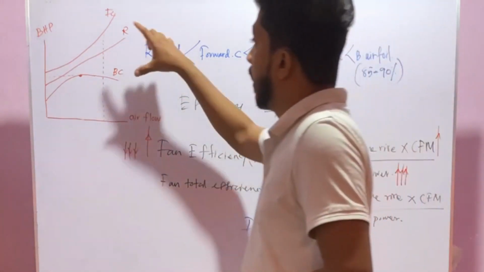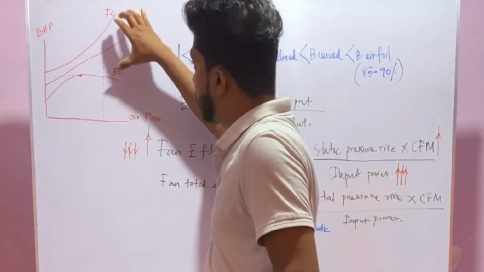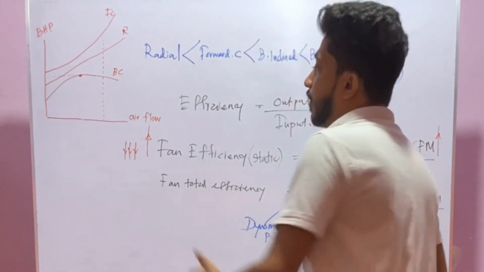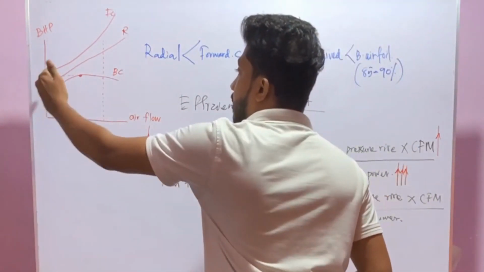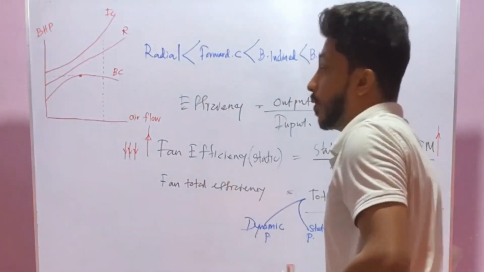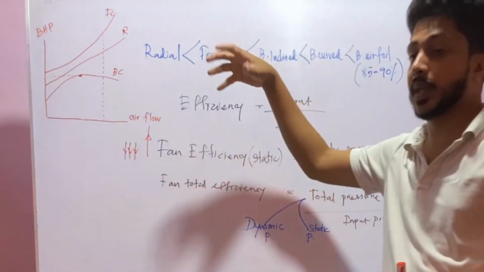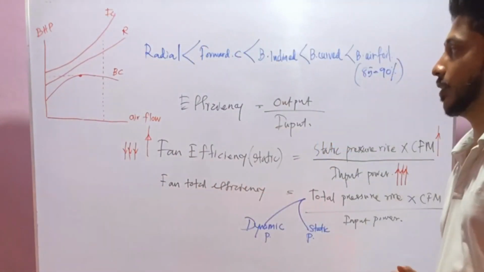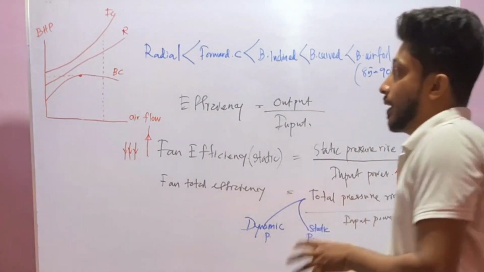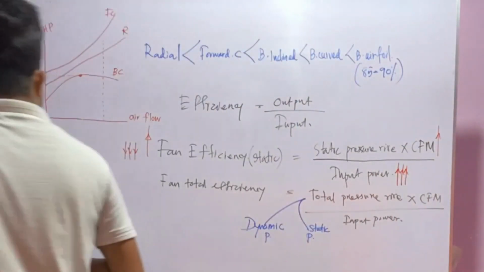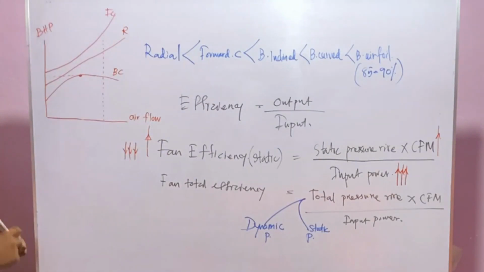But we cannot find something like this in the forward curve fan. If the airflow is increasing, it keeps on increasing like this. Because of that, power is increasing. That means the motor can be overloaded. Okay.